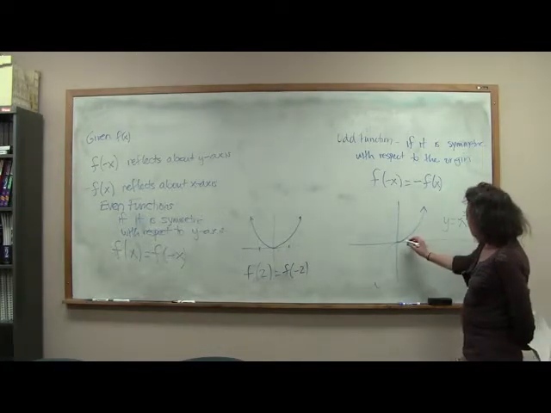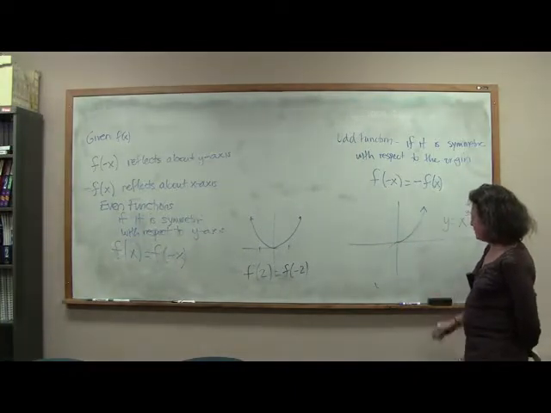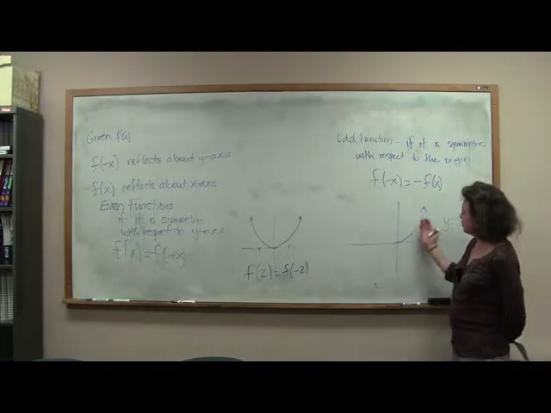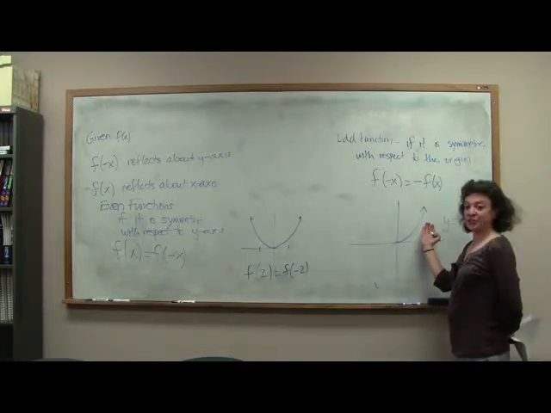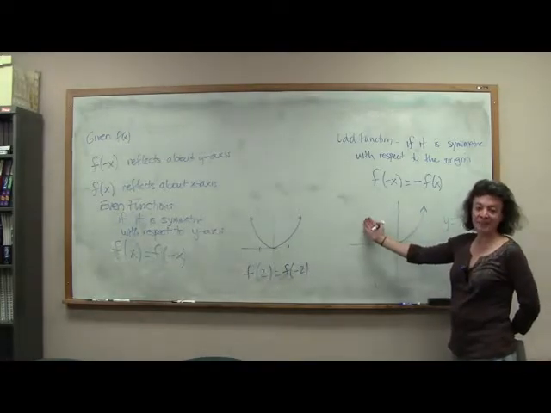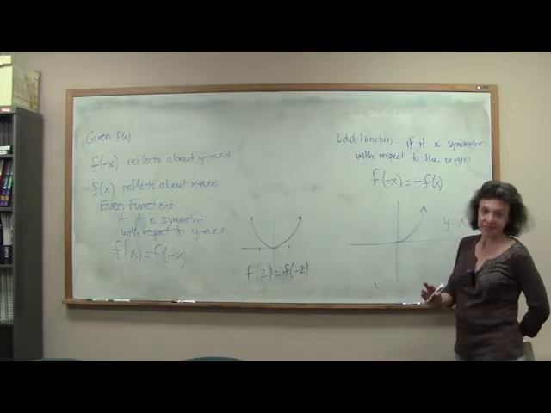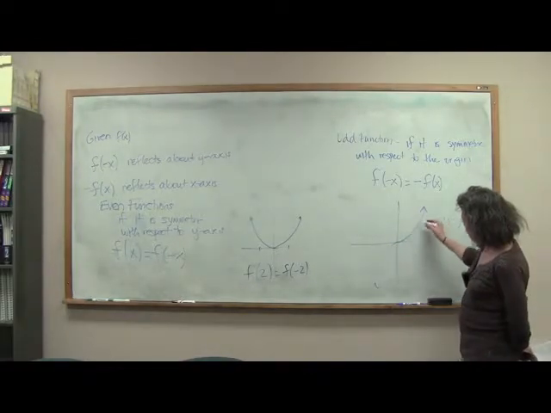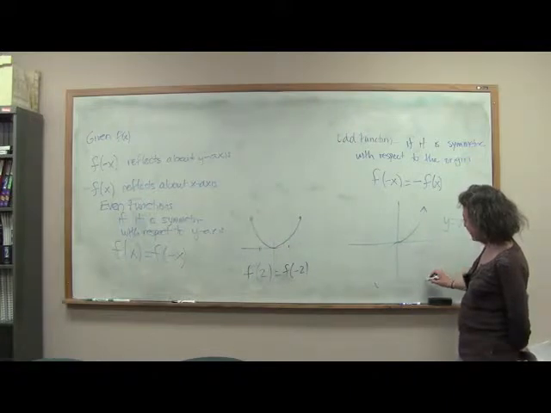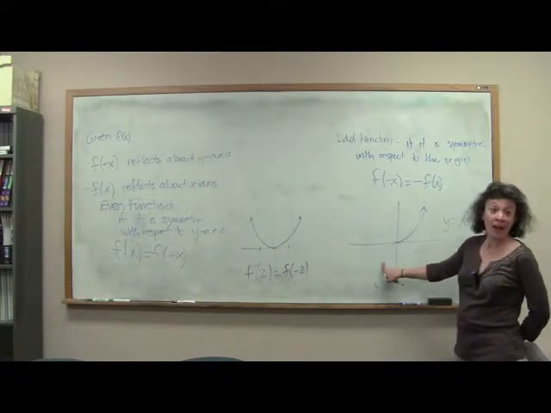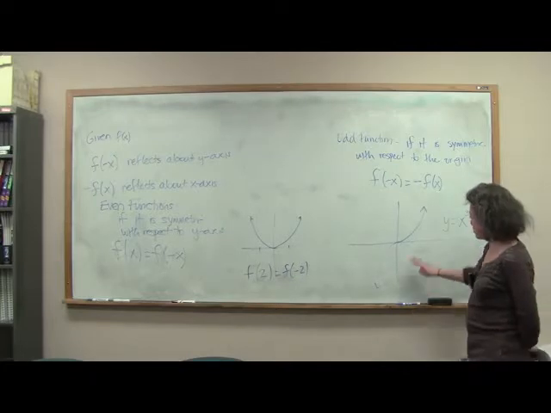Okay? Now, what does it mean to be symmetric with respect to the origin? Well, what you do essentially is you take one of the arms and you first reflect it about one axis and then the other axis. Okay? So, for example, if we took this arm here and first we reflected it about our x-axis and then our y-axis, yes, that's symmetric.